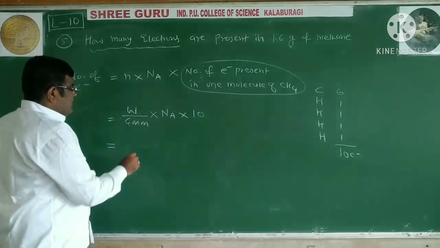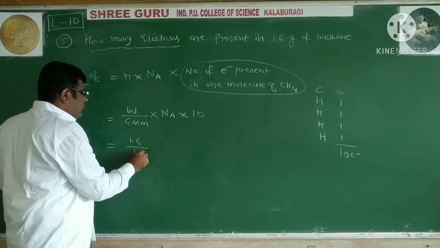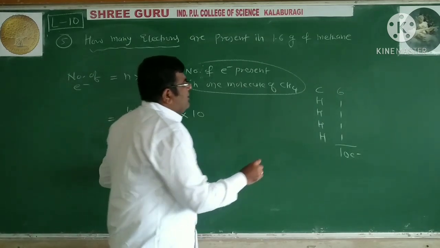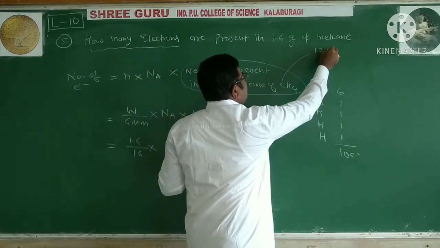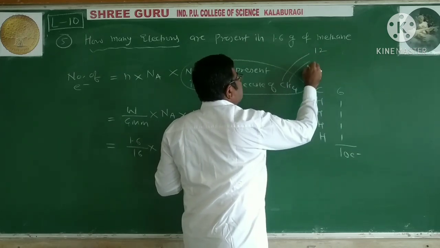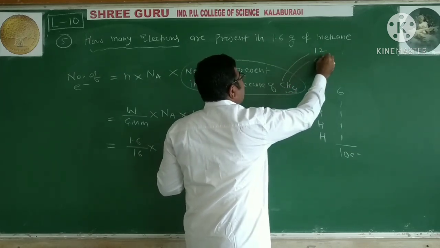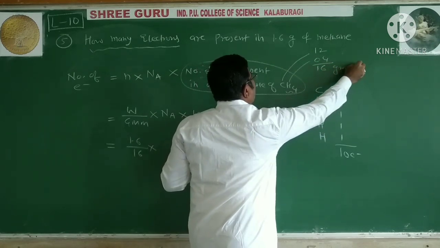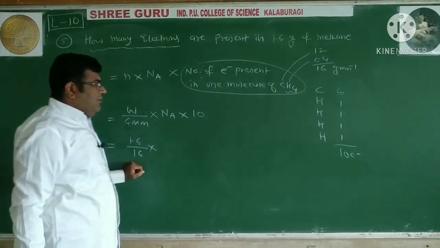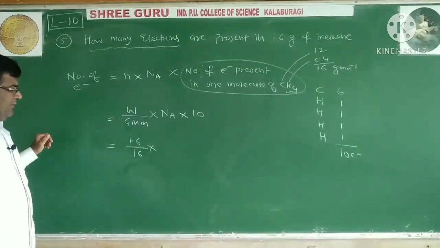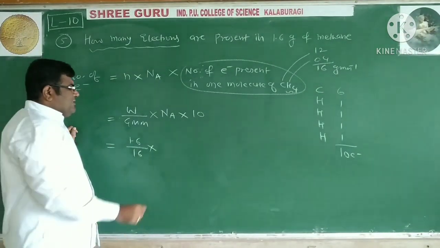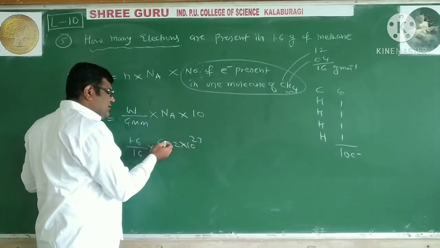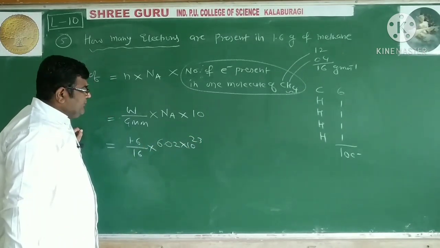So it is 1.6 gram. Molecular mass is 16, because atomic mass of carbon is 12 and these 4 hydrogens together is 4. So 16 gram per mole is the gram molecular mass of 16 gram if we consider it as gram molecular mass. 6.02 into 10 raised to 23, we can write 6.022 also, that doesn't matter.